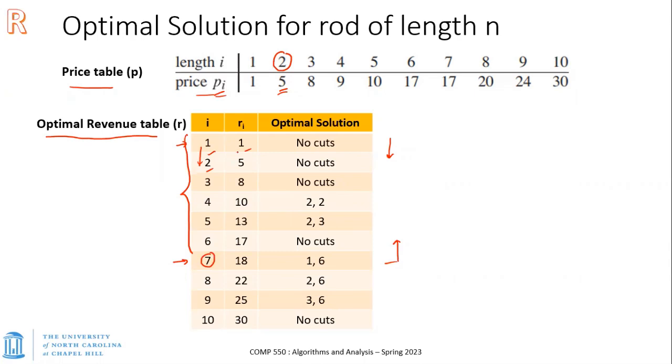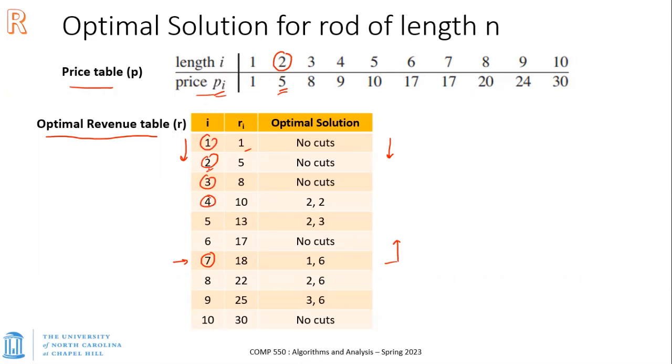You can imagine the table in the reverse direction, but we are going bottom up, even though this seems to be going top down. The bottom-up approach is basically saying that we start with the smallest rod and then pick the next rod size and so on. So we're incrementing the rod size.